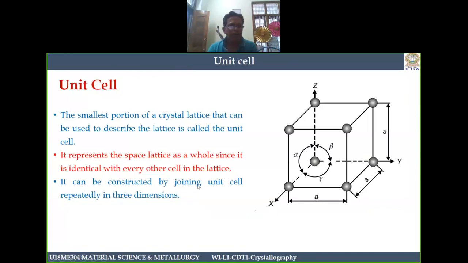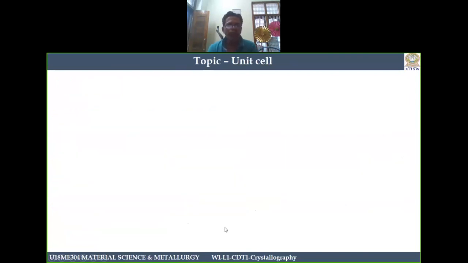It can be constructed by joining unit cells repeatedly in three dimensions as discussed earlier. The lattices of various metals differ in the size and shape of their unit cell. The sides of this cube are different for different materials, and the angles alpha, beta, gamma, called the crystallographic angles, are also different for different materials.